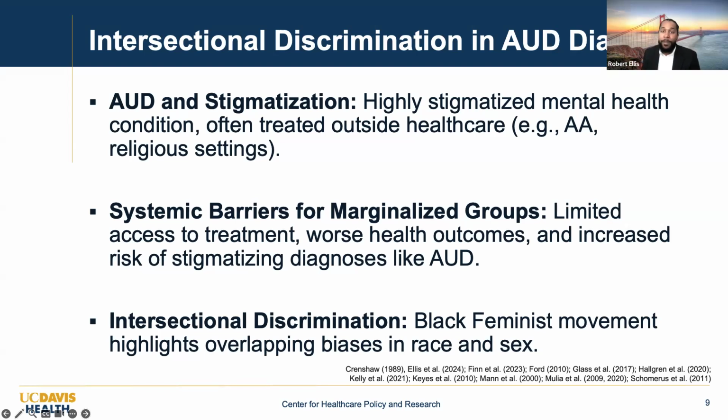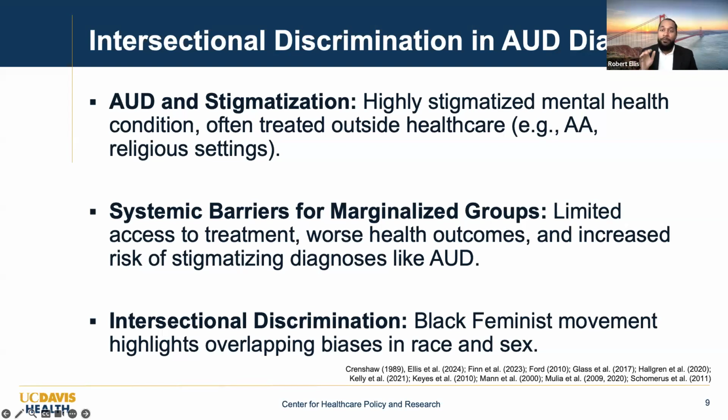We have advocates and researchers, stemming from the Black feminist movement, suggesting that these forms of discrimination actually overlap, creating what is called intersectional discrimination. Intersectionality captures the nuances often missed in research that focuses on either race or sex alone.